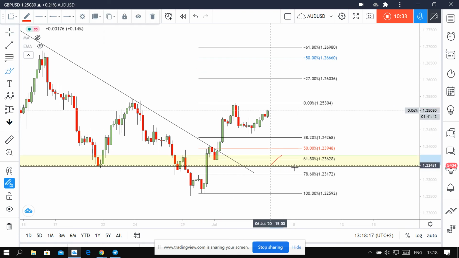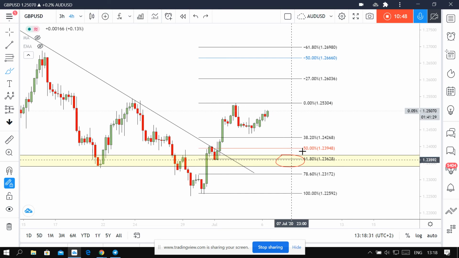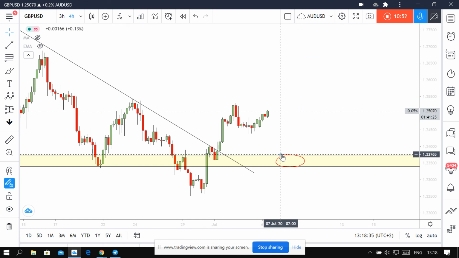So at approximately this price area here, that's where I'll be looking for retracement. So I'm looking for price to actually make its way to the downside before I can have a long entry. And this will actually be a long term or a swing trade. Right, so this is what I'm looking for on the GBPUSD.